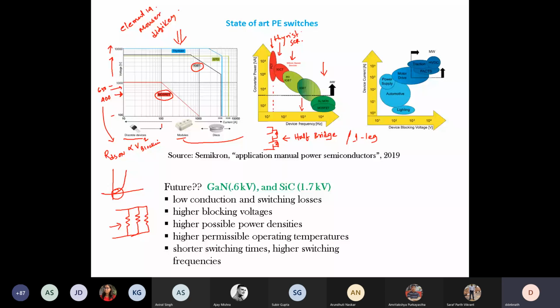And present day, the most commercially available devices are based on silicon structure, not germanium. Okay, silicon-based devices are the present day, most commercially viable solution. The next solutions have already come into the market, but their bulk price is not very low yet. So these are the two devices.